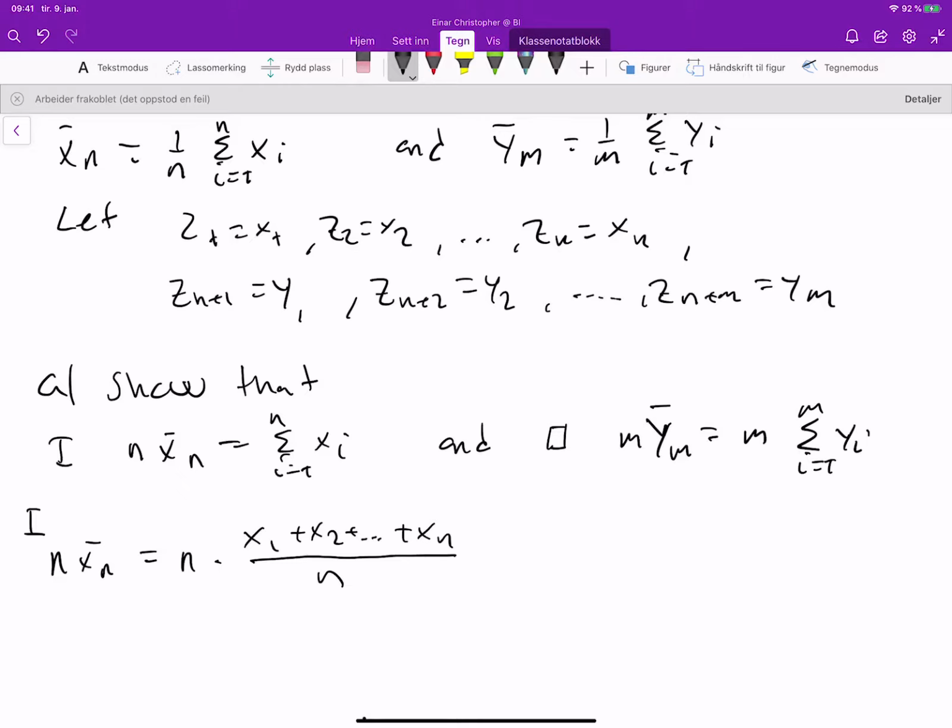So this is xn bar, and then we can cancel n against n, and we have n xn bar is equal x1 plus x2 plus xn, but that's actually the sum of the xi's, so that is the sum i equal 1 to n xi.